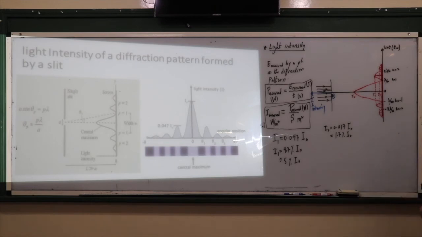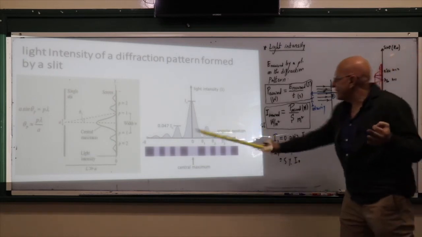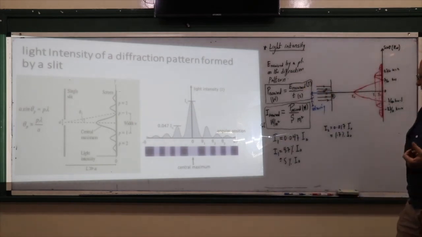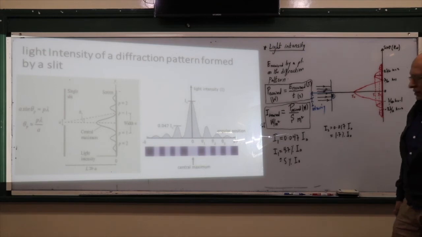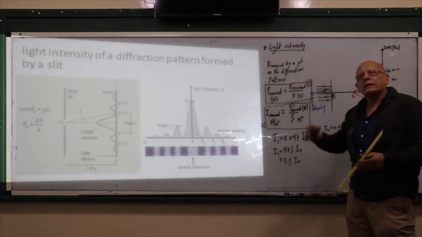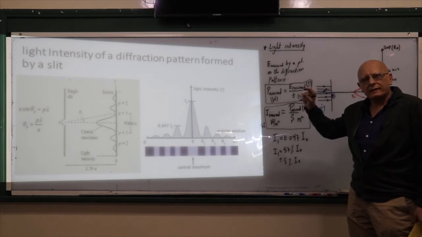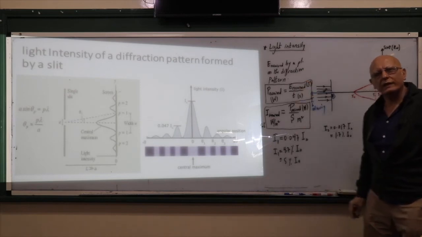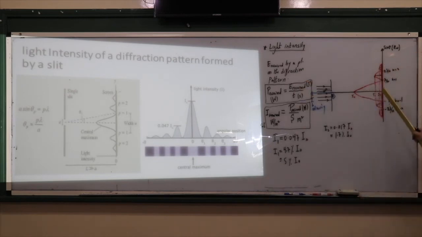Only 1.7% of the intensity at the center remains at the center of the second bright fringe, which is a lot of loss of the intensity of light. And because of this, you see that the brightness of the fringes decreases sharply as you move away from the center of the central bright fringe.